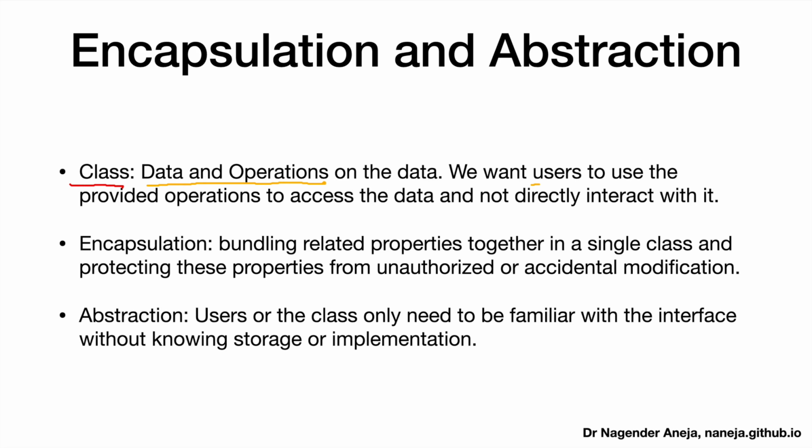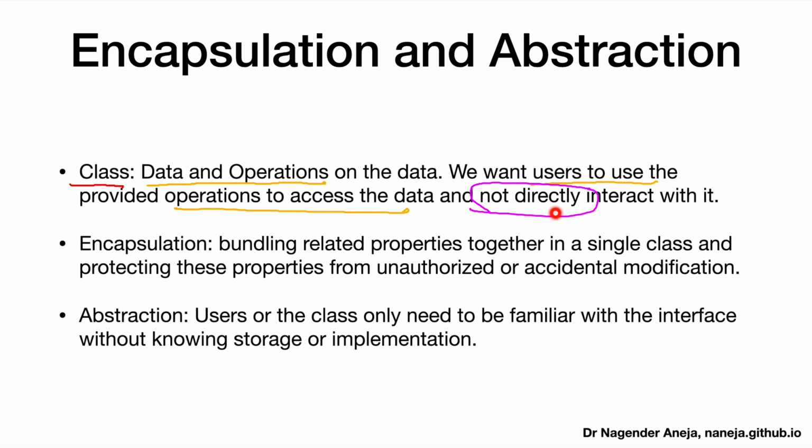So we want users to use the provided operations to access the data and not directly interact with it. Not directly interact. So that's important. So what we want is that the users of this class, which are the objects, should not use the dot operator. So we have defined some operations, and those operations must be used, not directly interact with the data.